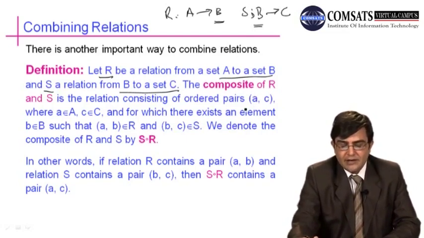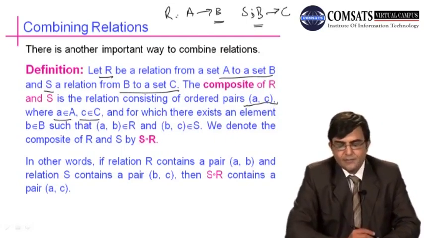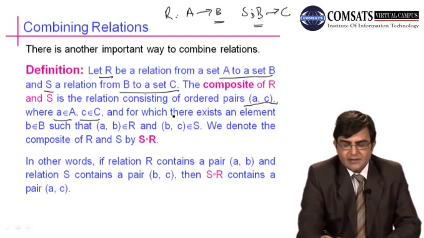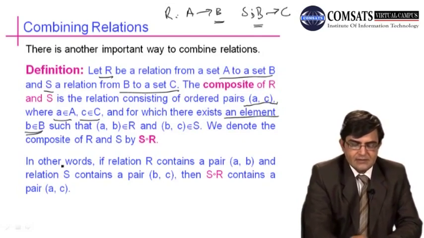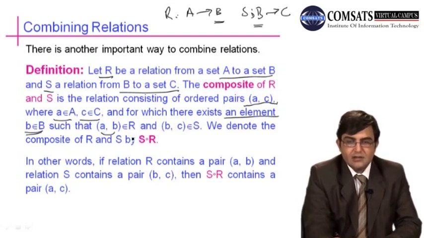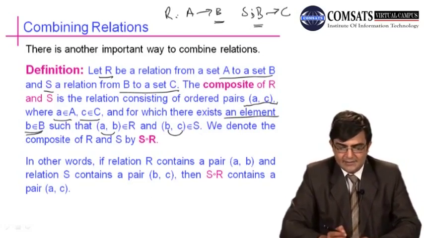The composition of R and S contains the ordered pairs (a, c), where a belongs to A and c belongs to C, for which there must exist an element b such that (a, b) is in R and (b, c) is in S.